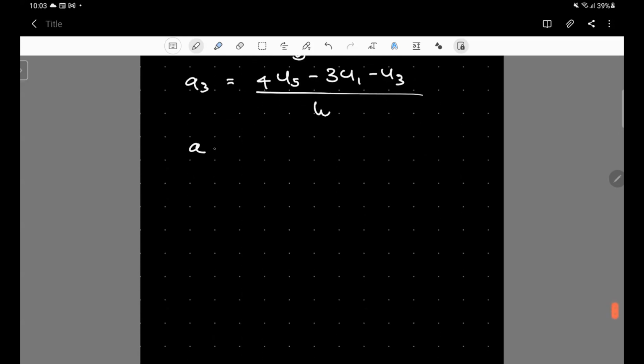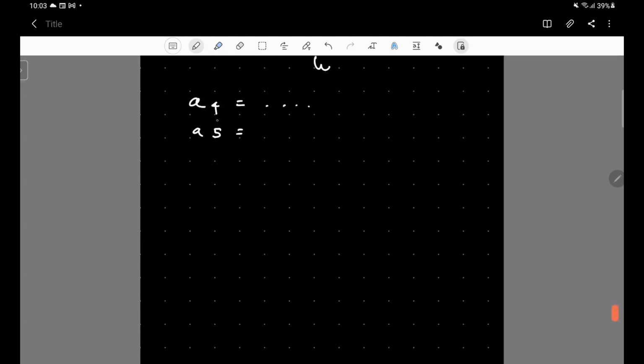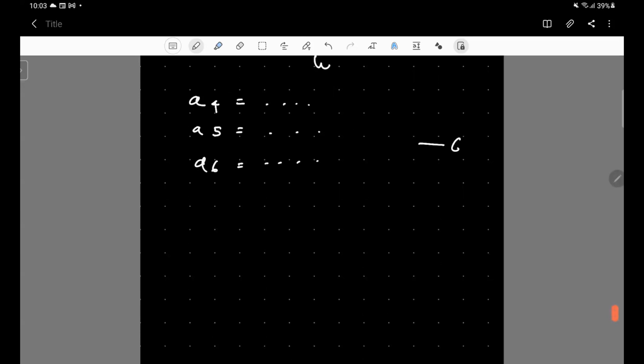Similarly, you can write a4. You can try on your own and write a4, a5, and a6 to obtain the required answers for a1 to a6. So this is equation 6.2.2.